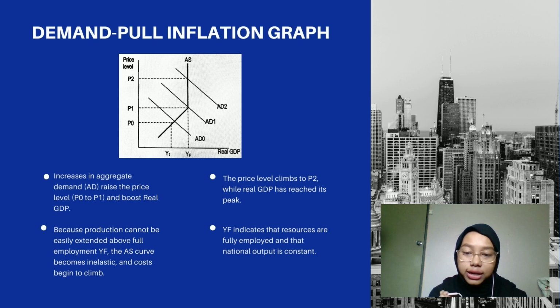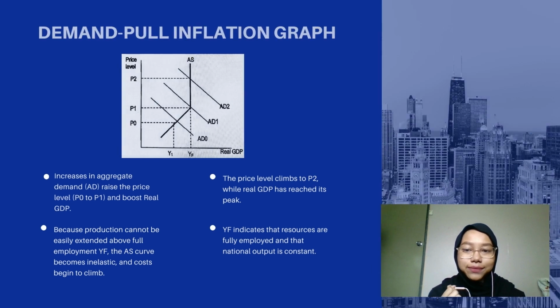But as aggregate supply reaches full employment YF, the aggregate supply curve becomes inelastic, vertical in shape. This happens because after full employment has been attained, the supply of output cannot be expanded since firms are unable to respond to surplus demand by increasing output. So there is pressure on wages and raw material costs. As a result, demand pull inflation is produced.